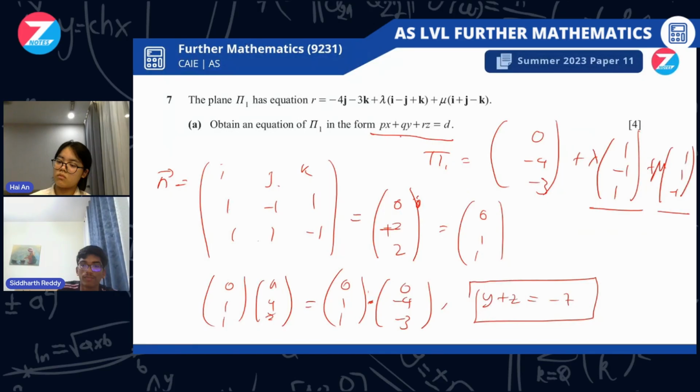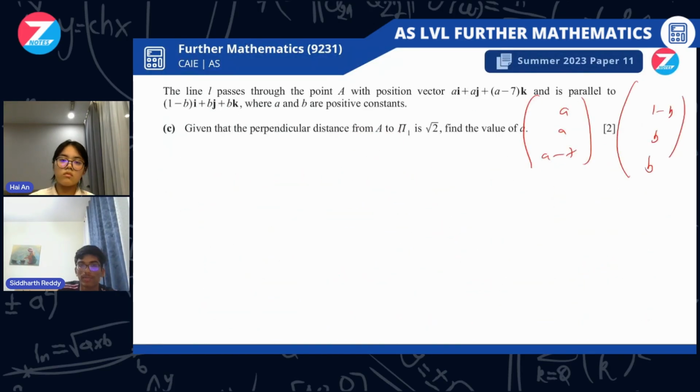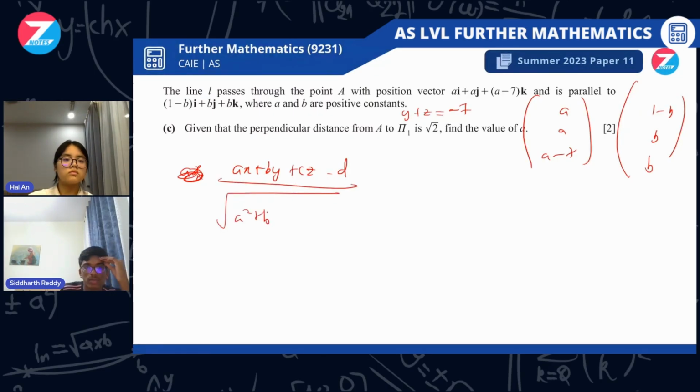It was y plus z is equal to minus 7. So the equation for perpendicular distance is ax plus by plus cz minus d divided by the square root of a square plus b square plus c square, where x, y, z are the coordinates of the point.